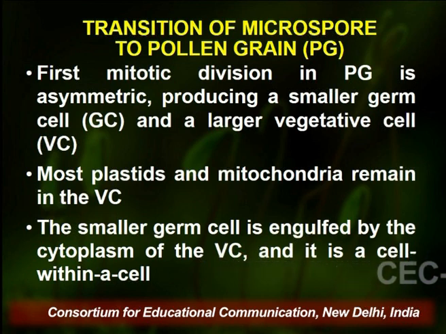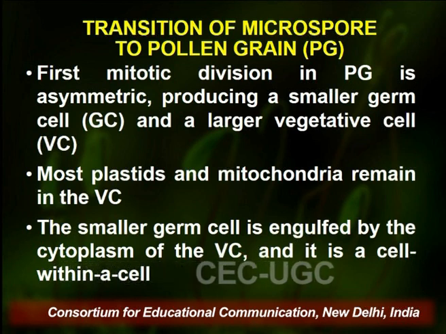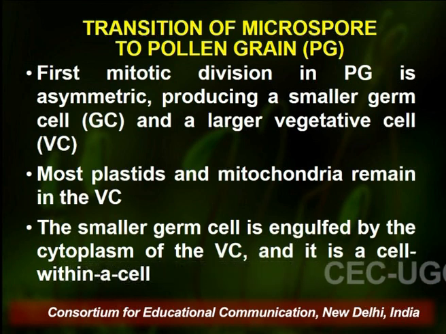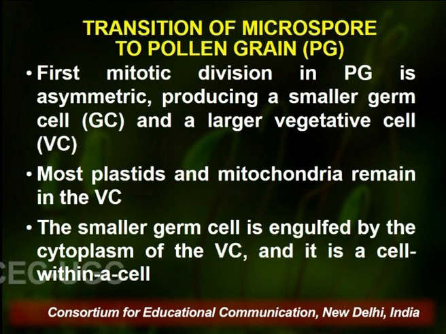The nucleus of the pollen grain will now undergo a mitotic division. The first mitotic division in the pollen grain is asymmetric, which will lead to the formation of a smaller germ cell, also referred to as the GC, and a larger vegetative cell, which we call the VC.